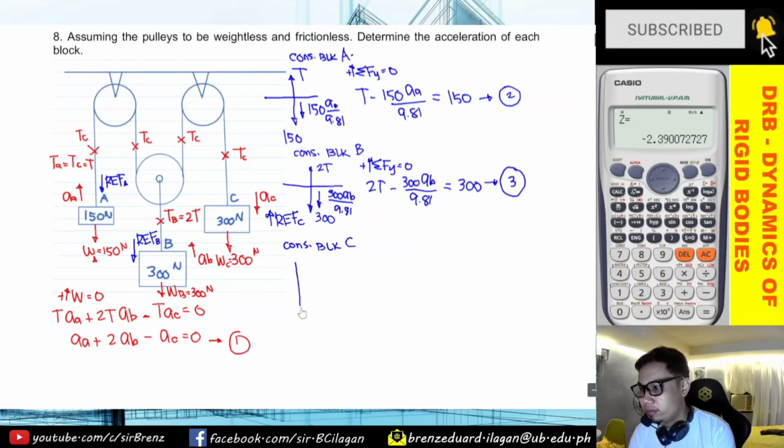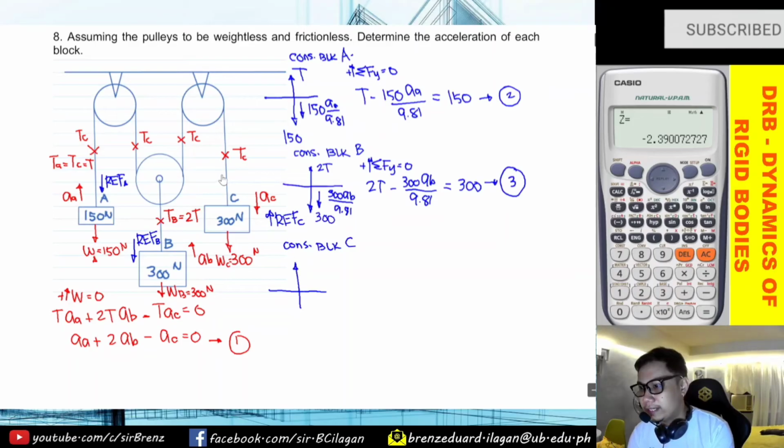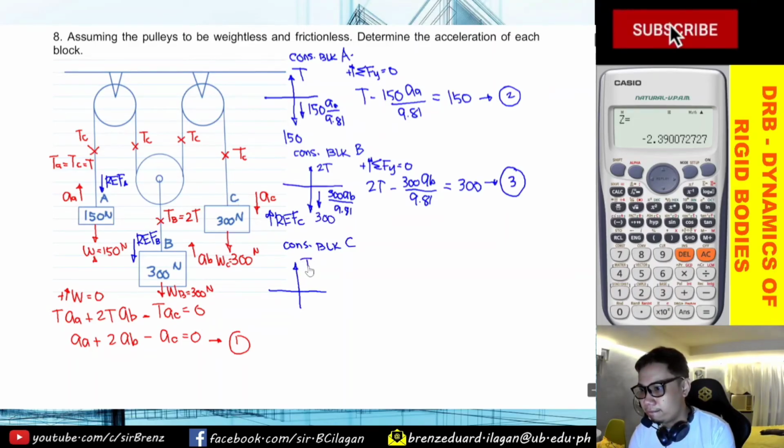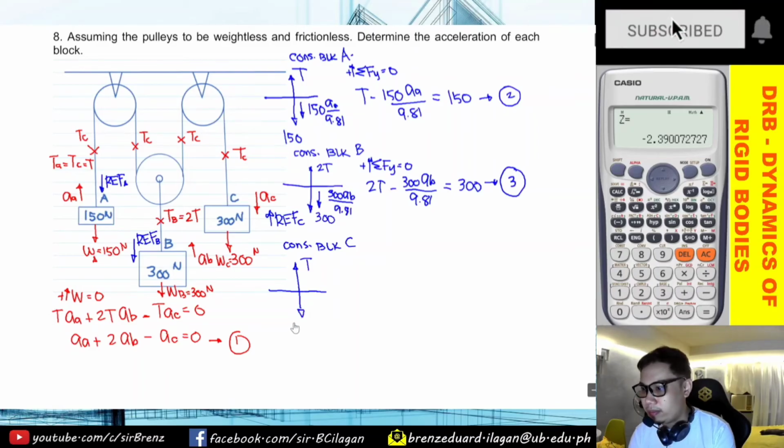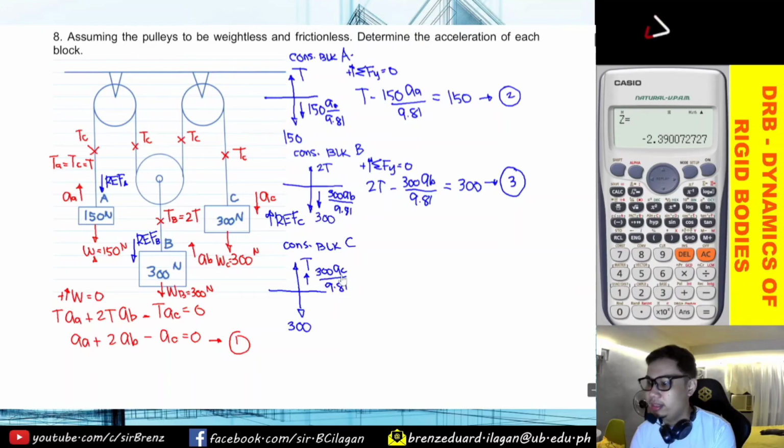Ayan. So by taking summation of forces Y ulit, pero i-drawing muna natin ulit. So ito ay ano to? So T lang. And then meron kang pababa na weight na 300, and then yung reverse effective force niya pataas. So that is 300 acceleration in block C all over 9.81.